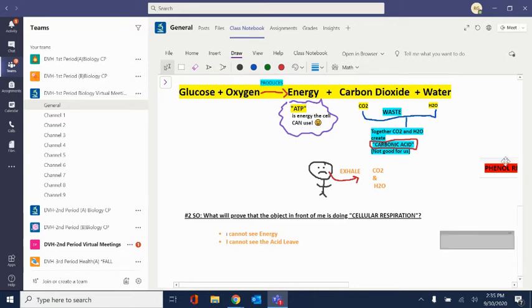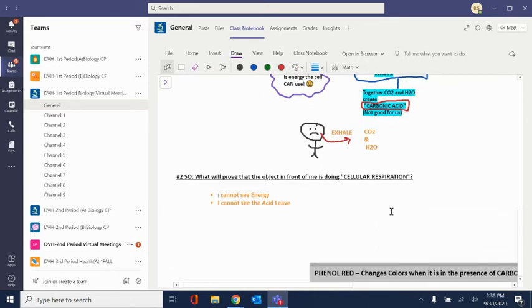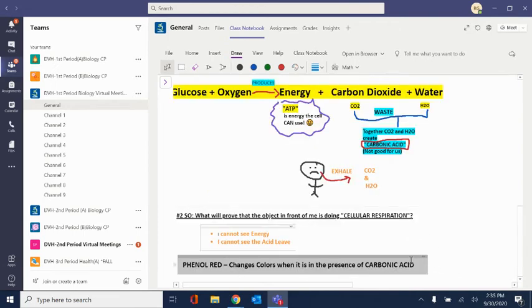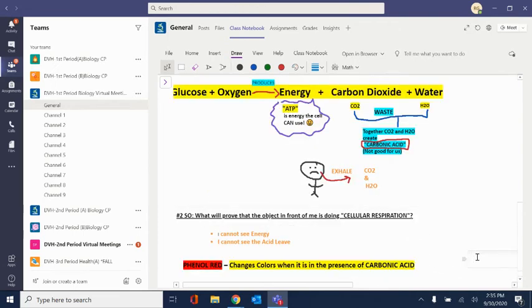Well, there's this chemical called phenol red. It's a chemical we have here in the lab, and it changes color when it's in the presence of carbonic acid. Again, carbonic acid is just water and carbon dioxide from earlier.